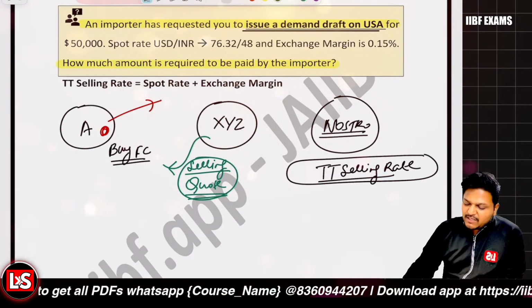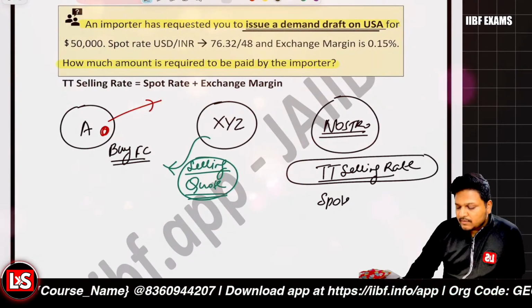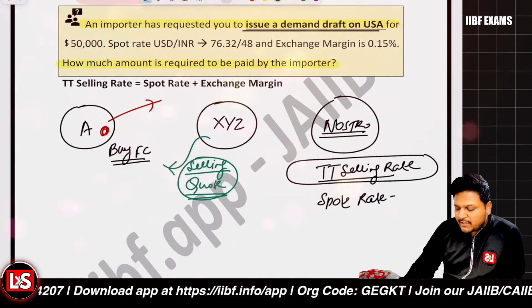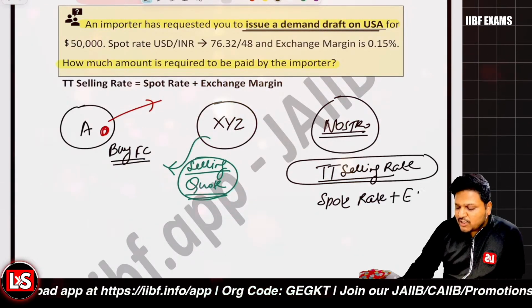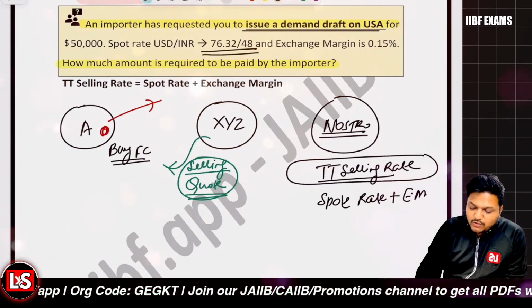So the formula is very easy. That's the spot rate, and the exchange margin is to be added, because for buying the exchange margin is to be subtracted and for selling rates the exchange margin is to be added. That's it. So the rate given is 72.32/48.